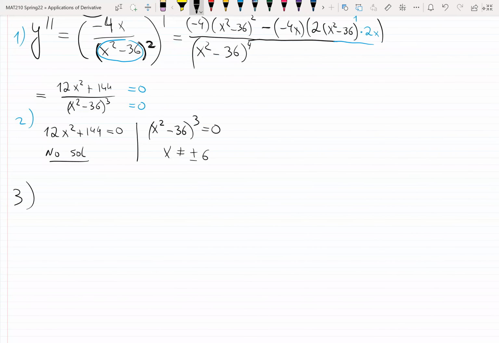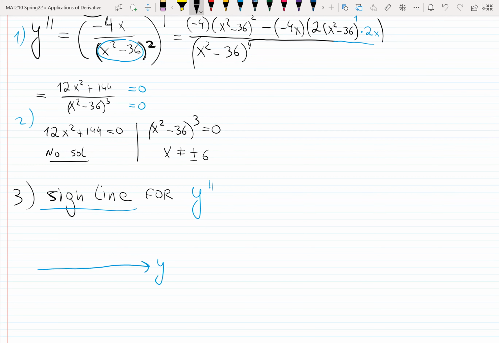Step 3 is exactly the same, but this time, let's change the color, it's a sign line for the second derivative. It's not the second derivative test, but it's a second derivative sign line. I will just do y prime prime. So draw a sign line, y prime prime.